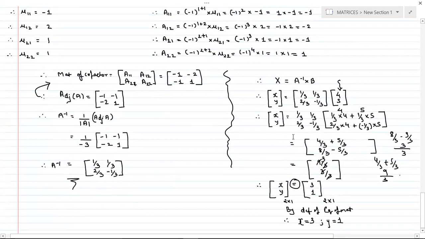As soon as you get A inverse, apply the formula of the inversion method. Simply substitute the values. As clearly we can see, the connection between these is multiplication, and we know what exactly we have to do in multiplication.